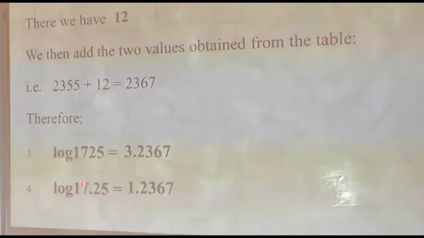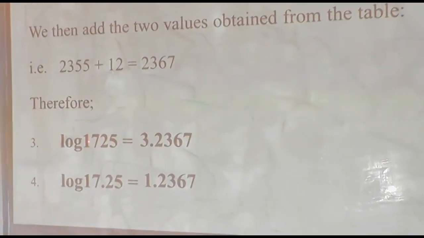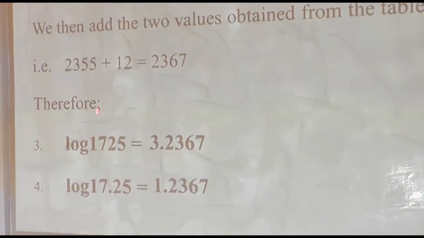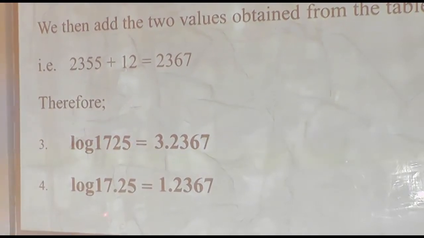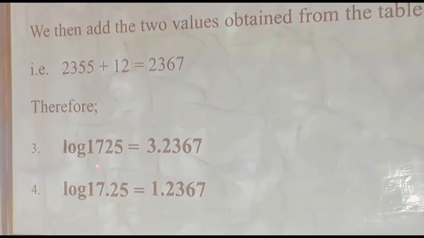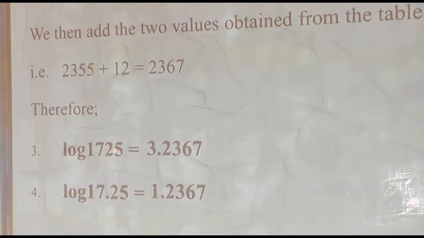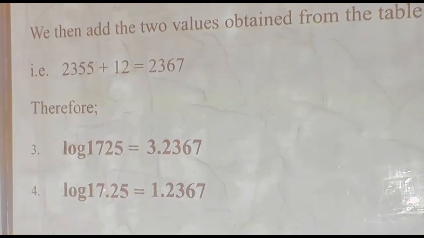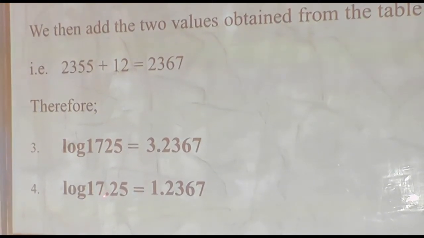Now let's look at example 4. This looks like a similar question to the third, where we had log 1725. Now here we have log 17.25. There is already a decimal point here.